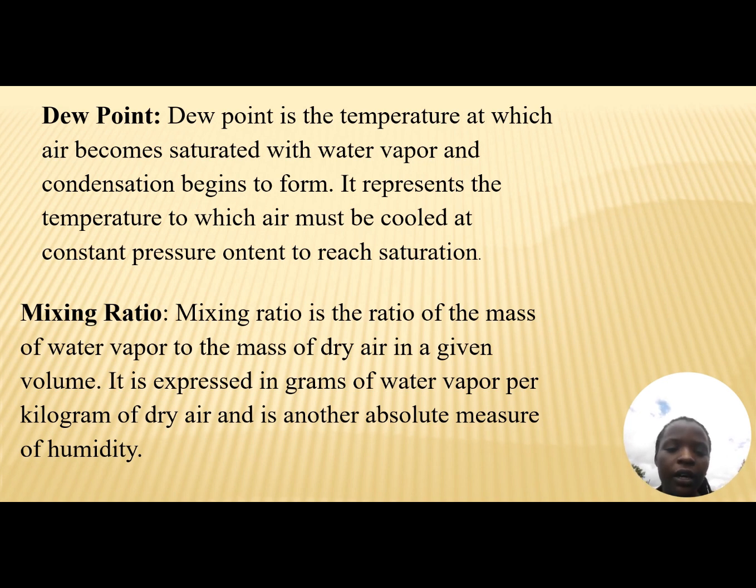And another point is mixing ratio. Mixing ratio is the ratio of the mass of water vapor to the mass of dry air in a given volume. It is expressed in grams of water vapor per kilogram of dry air and is another absolute measure of humidity.